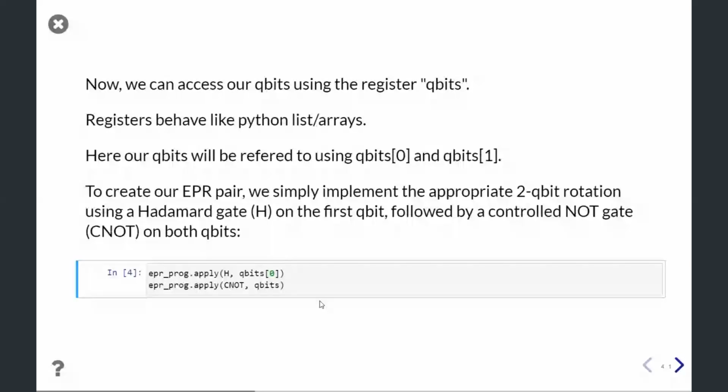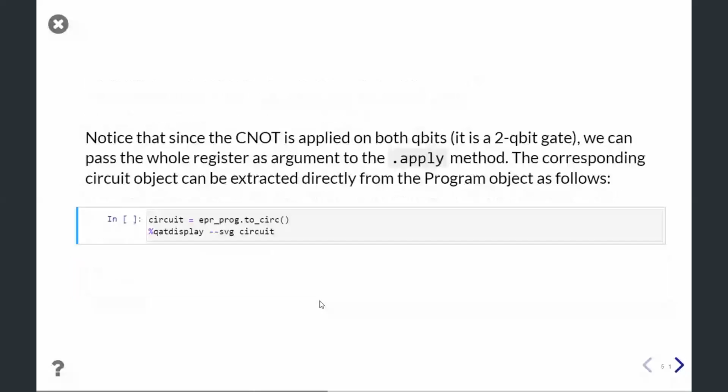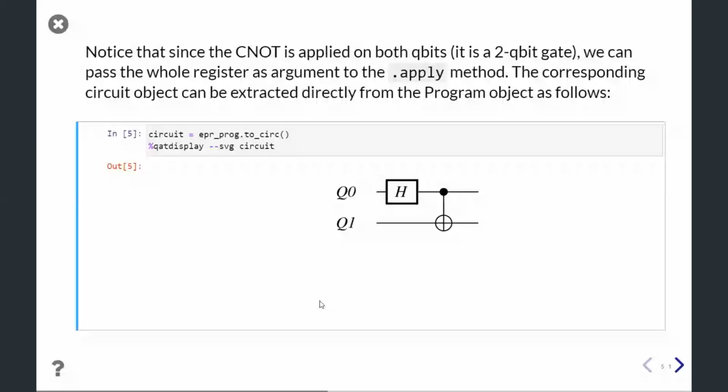So I execute my circuit, and then I have my program, and from this program I create a circuit and I display this circuit. So really, this is a very simple example. You can see my 2 qubits gate and a control NOT gate applied to the second qubit.